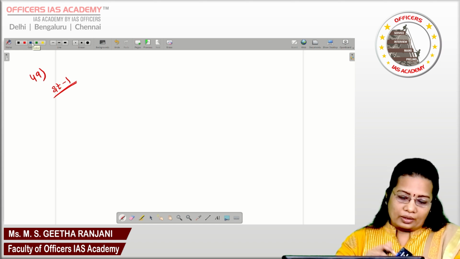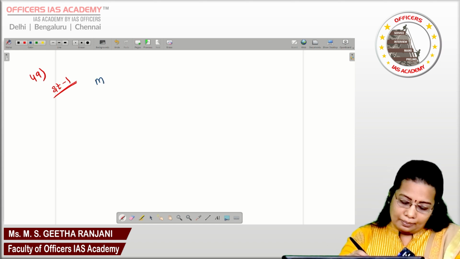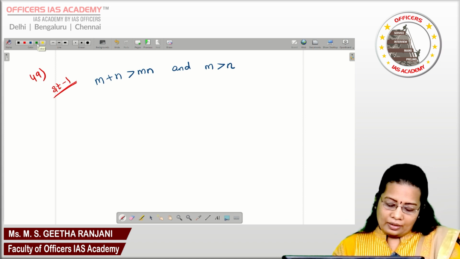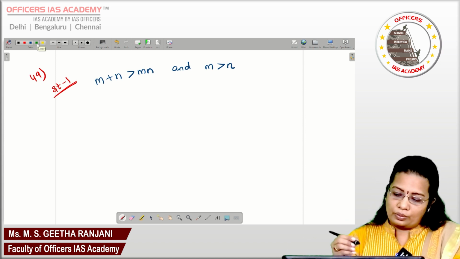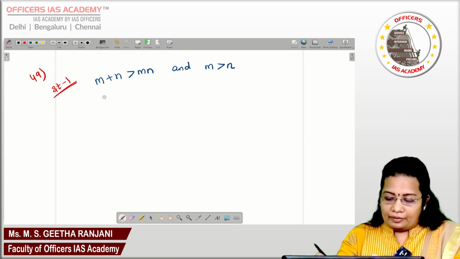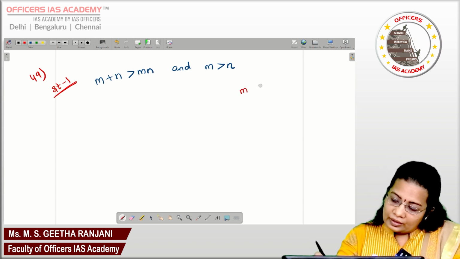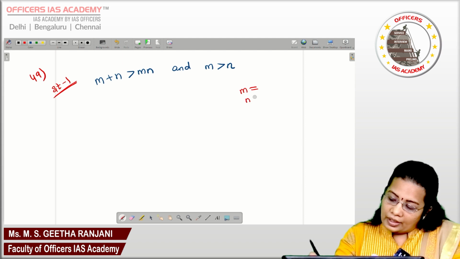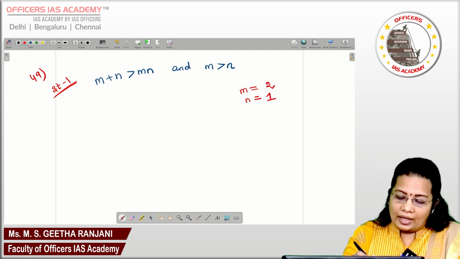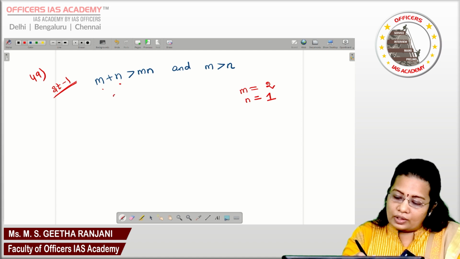Statement 1 alone: given m plus n is greater than mn, and m is greater than n, where m and n are natural numbers. What values can we substitute for m and n? Let me take n as 1 and m as 2. Then m plus n is 3 and m into n is 2.